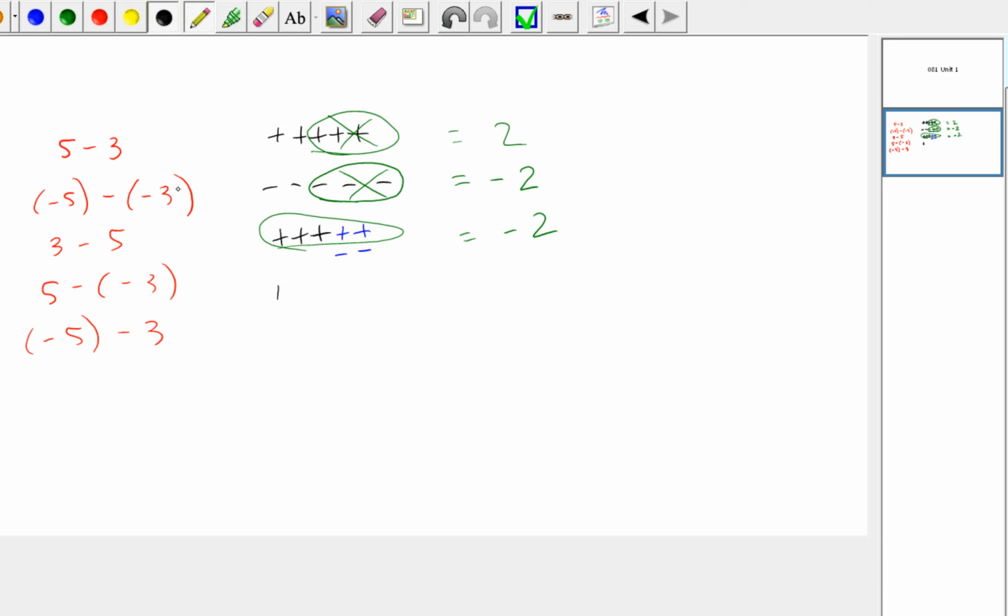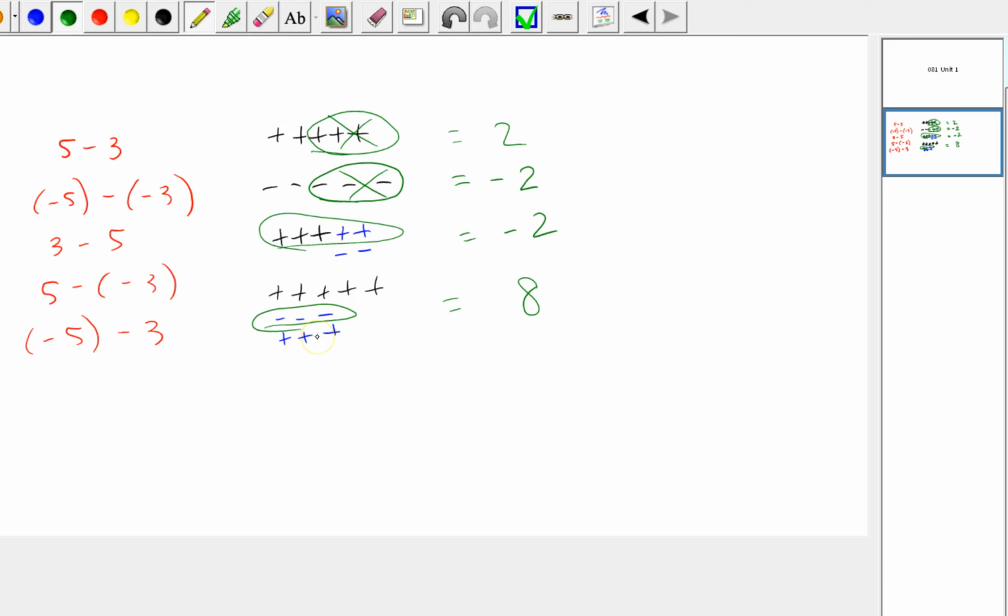Here we start with 5 positive chips. I want to take away 3 negative chips that I do not have. So I need to add 3 plus or minus pairs. Take away the 3 negative chips, and I'm left with 8 positive chips.